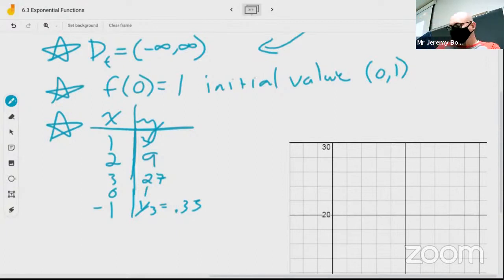And if we did negative 2, anybody know what that would be? Yep, 1 over 9, which is about 0.11. Yep, that makes sense. You take 0.33 divided by 3, 0.11.